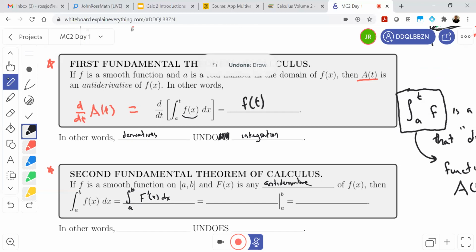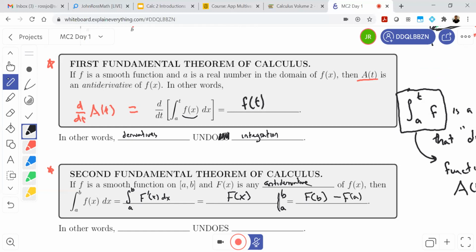And so we can write it in this form, capital F of x evaluated at a and at b, which is interpreted as capital F of b minus capital F of a.